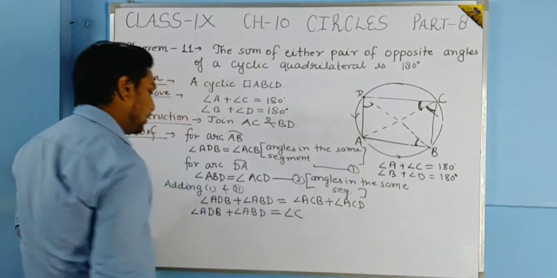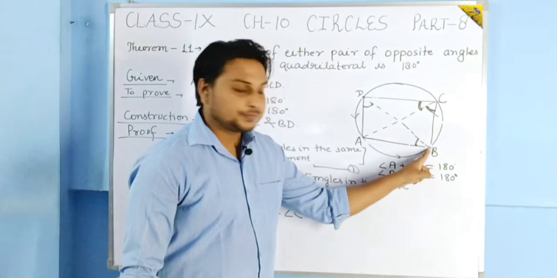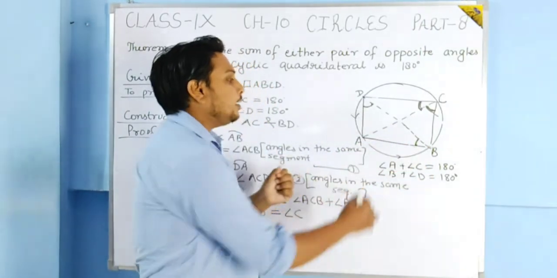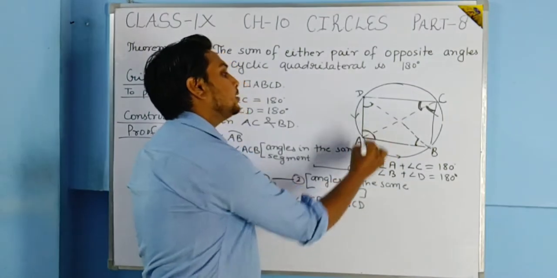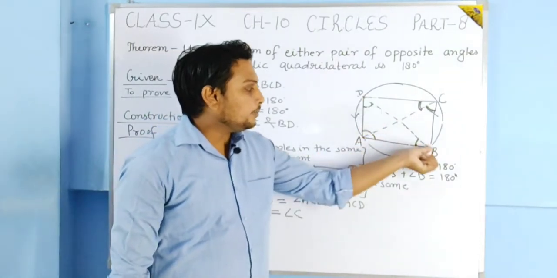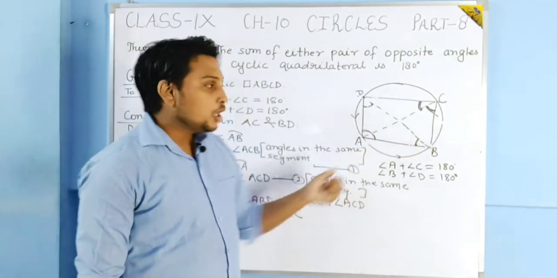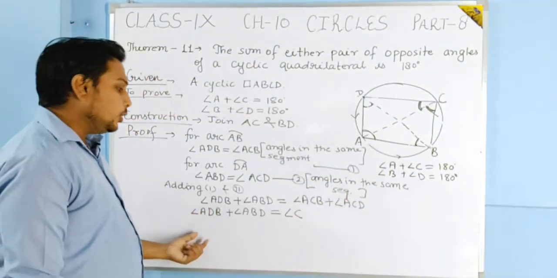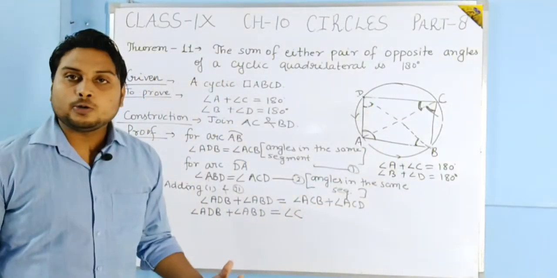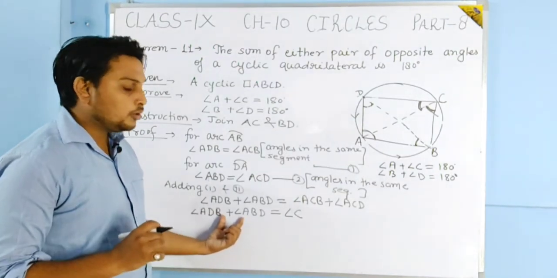Okay, see here, for this triangle ADB, this angle is there, this angle is there, and angle A is also there. If we want to make the left hand side 180 degree, what should we do, students?